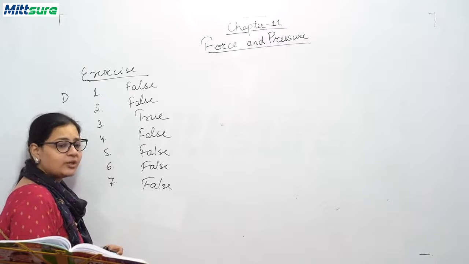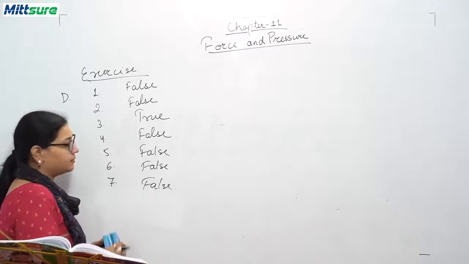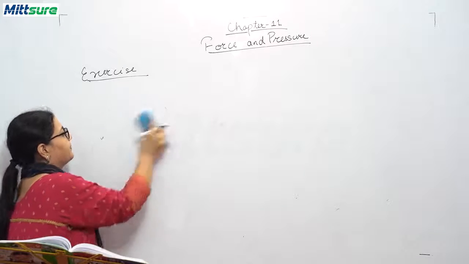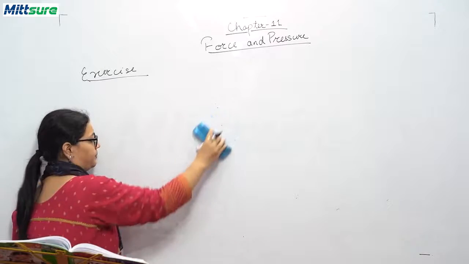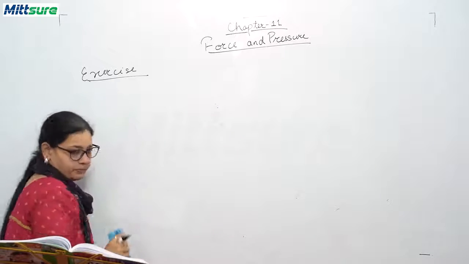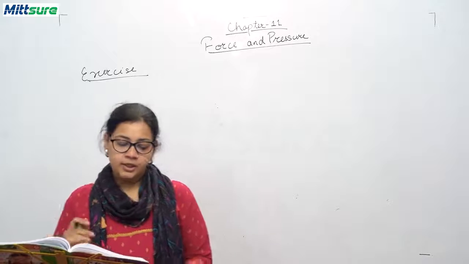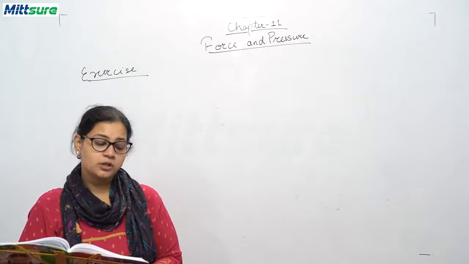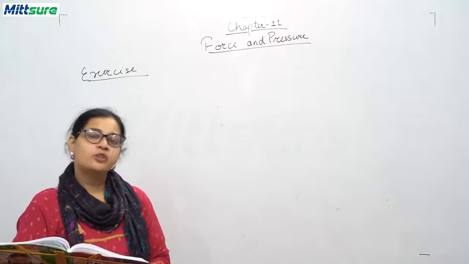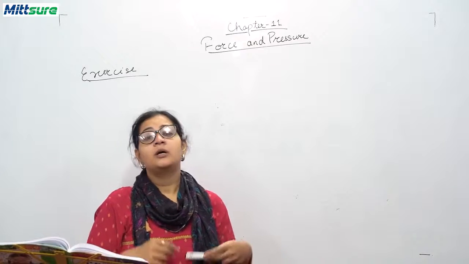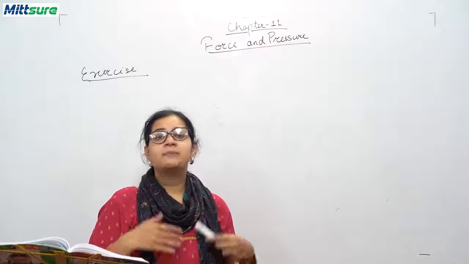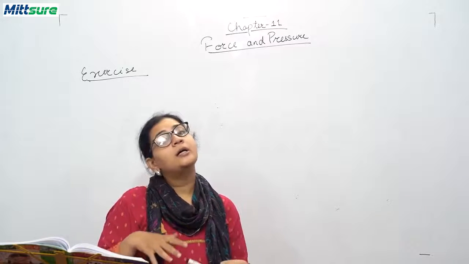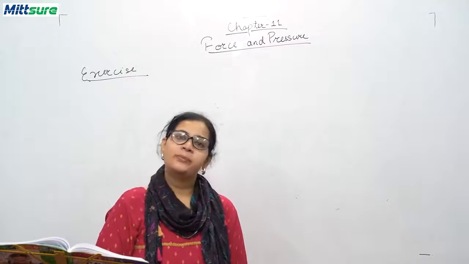Now we'll be doing this E question, that is define the following terms. Okay, there are three terms given, that is atmospheric pressure, gravitational force and friction. Now the definition of atmospheric pressure is simple, bacha. The pressure which is exerted by the blanket of air that surrounds our earth, called the atmosphere, on the earth's surface is called atmospheric pressure.